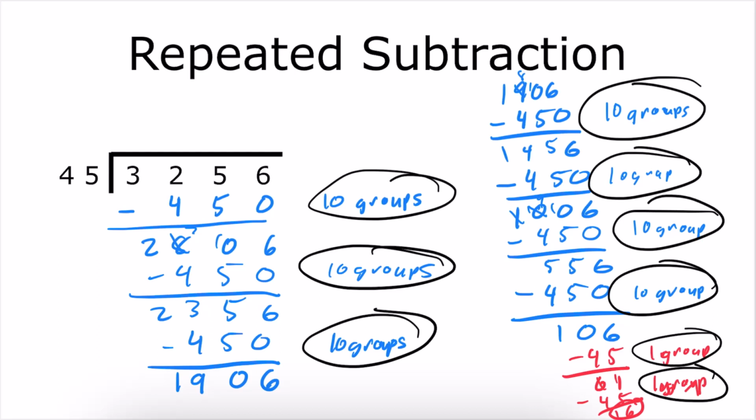And so my answer is 72, remainder 16. Because when I subtracted groups of 45 from the amount that I had, I was able to make 72 groups, and then I had 16 of my numbers left over.